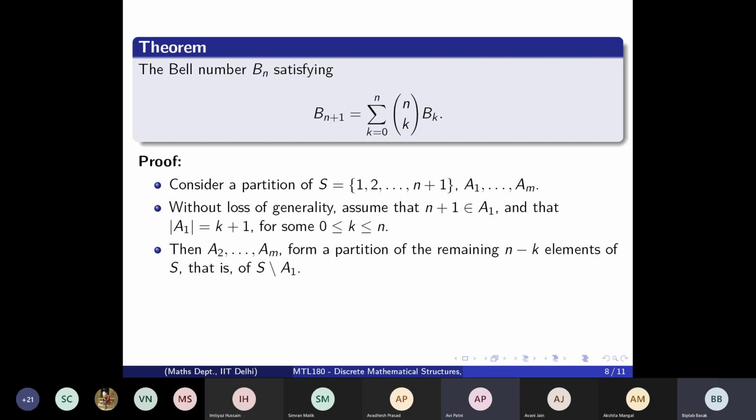Now tell me, by using the definition of Bn, how many partitions are possible for the set S minus A1? That is a simple one, right?